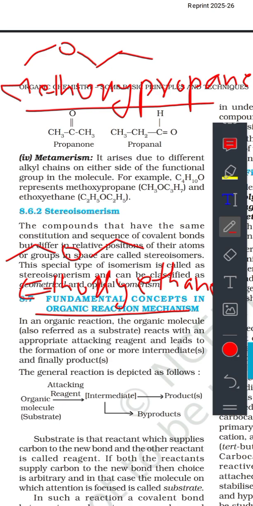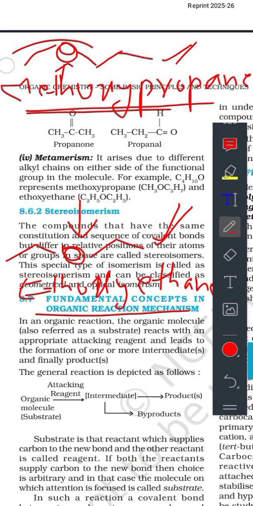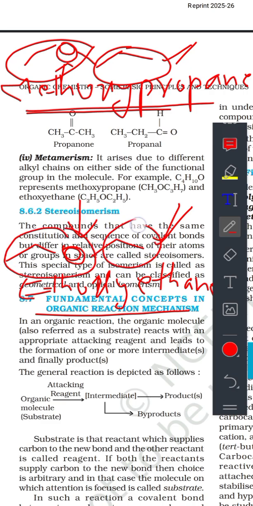Both have the same molecular formula but differ in the position of the oxygen. Here the oxygen is at the second position, here at the third position. This is an ether and this is also an ether, the same functional group, but the position of the oxygen is different. This is methoxypropane: methoxy, and on this side three carbons, propane. Here it is ethoxy, and on this side two carbons, ethane.